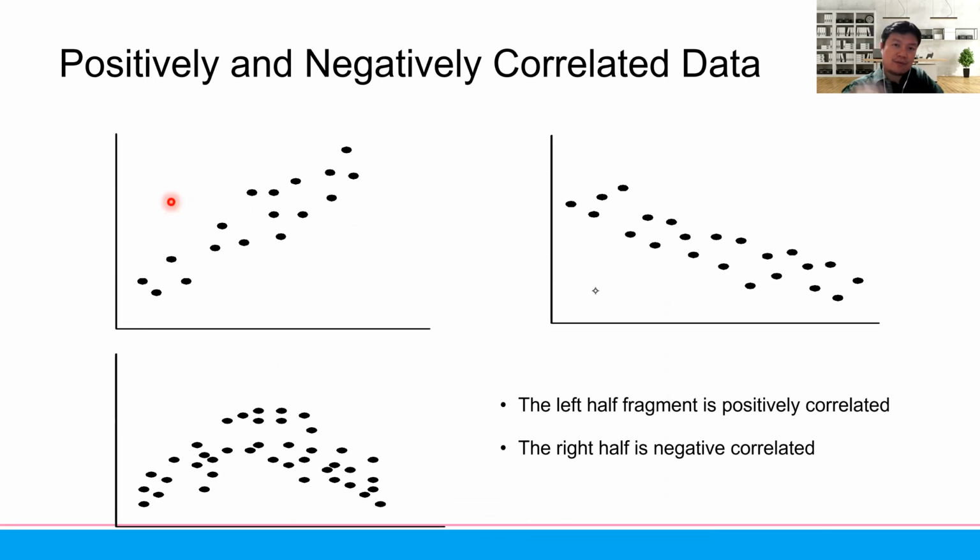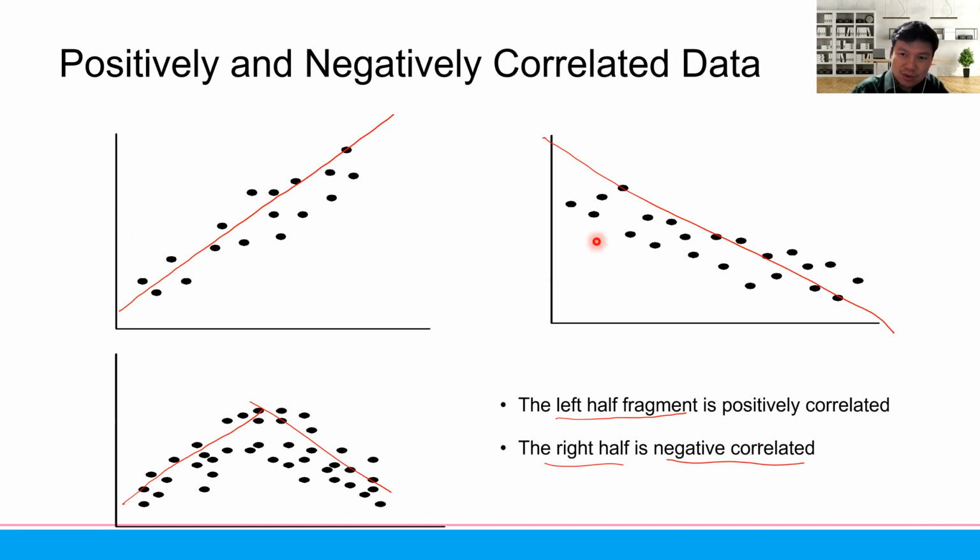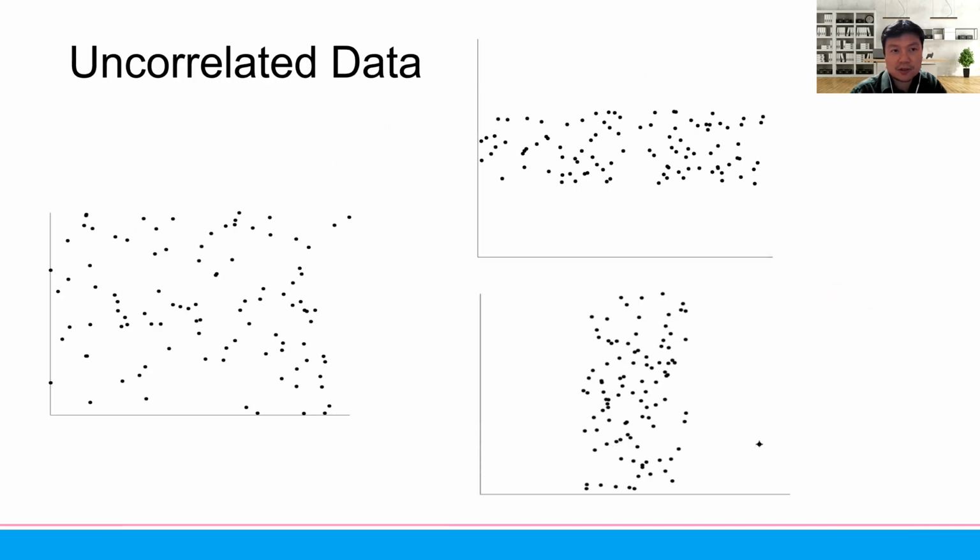When you have some data and you plot it into a visualization, you can see whether there is a positive correlation, a negative correlation, or it might be both. So the left half is about positive correlation, and the right half is about negative correlation. Those kinds of analysis can also be done with visualization and some basic statistics.